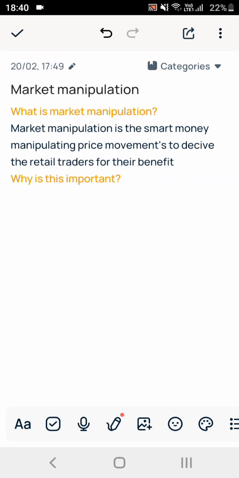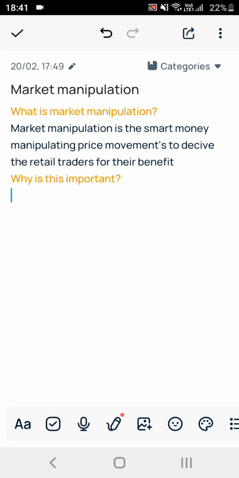I mentioned this in the other lessons, that's why I urge you to watch these lessons in order. There are retail traders, which is us, and there are institutional traders, which are all those figures that I mentioned. That is smart money. Those are the people that move the market.